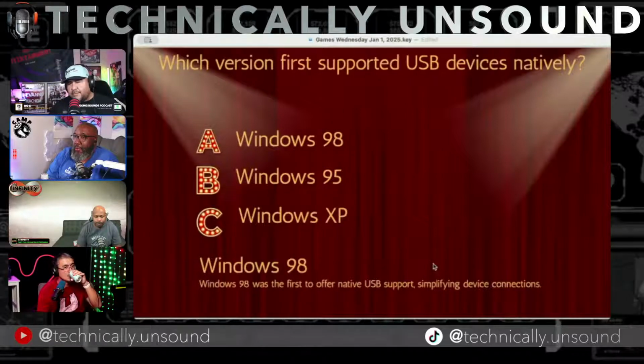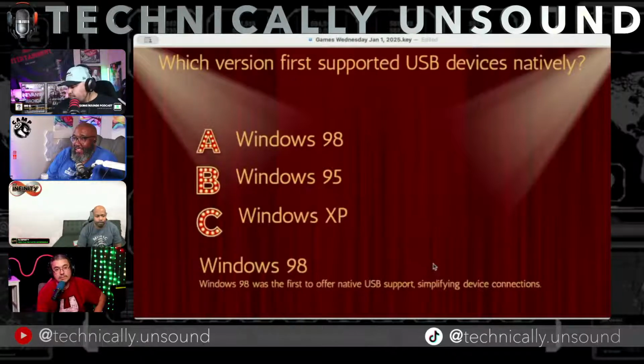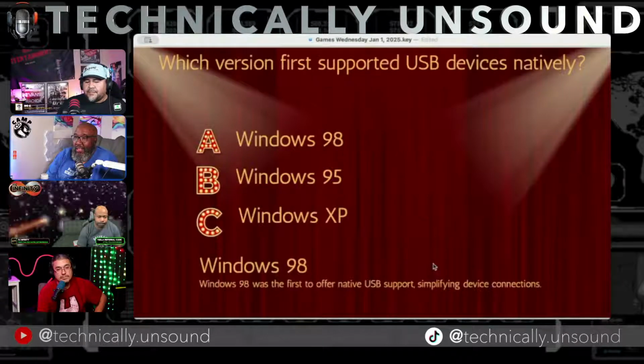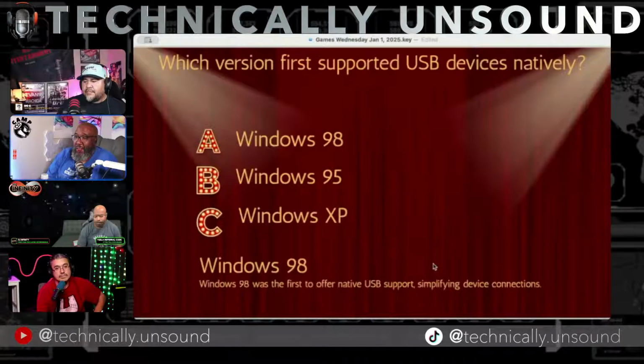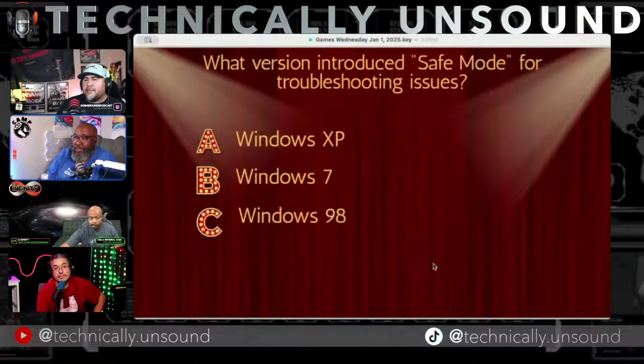I remember we were trading XP versions to get a good one and the latest updated version, because we were trying to do dual booting with XP and certain ones while we played with XP. But yeah, 98, I remember supporting USB natively.